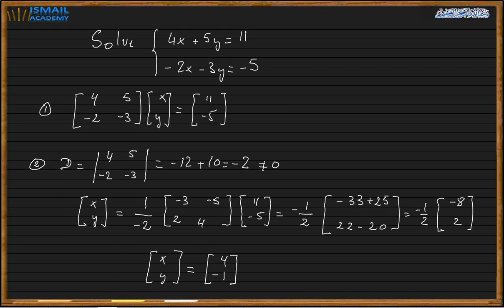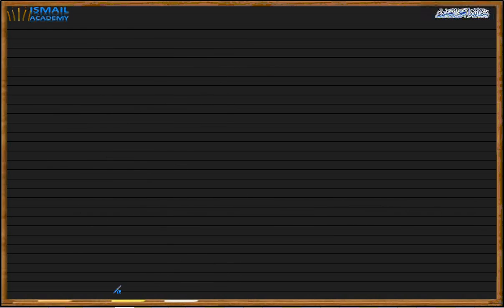Now let's do another example. So let's see what I will get with that one. So I'll get minus 3x plus 4y equal 19, and I have 3x minus 4y equal minus 19.